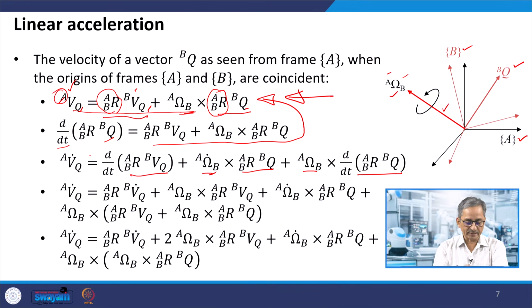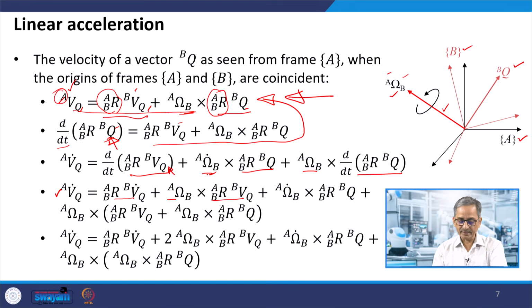Now, I can further simplify this. Here we had this vector q, but in place of q, if I have this velocity vector, then I can write the derivative of this one as this velocity V of q in B to A, plus omega cross this term itself over here.